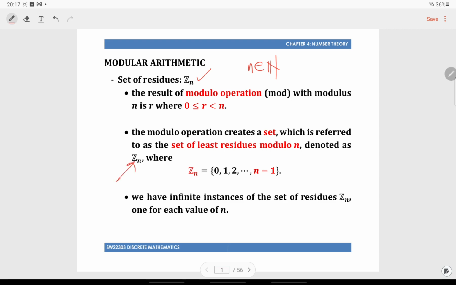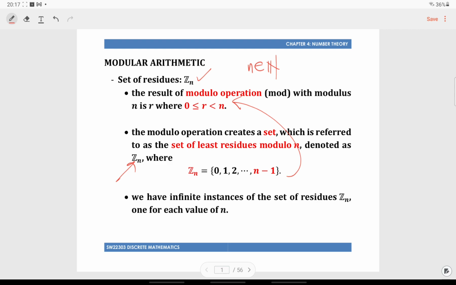The entries for this set start from 0 up to n minus 1, exactly following this range. So if n equals 5, the entries of Z5 are 0, 1, 2, 3, and 4.